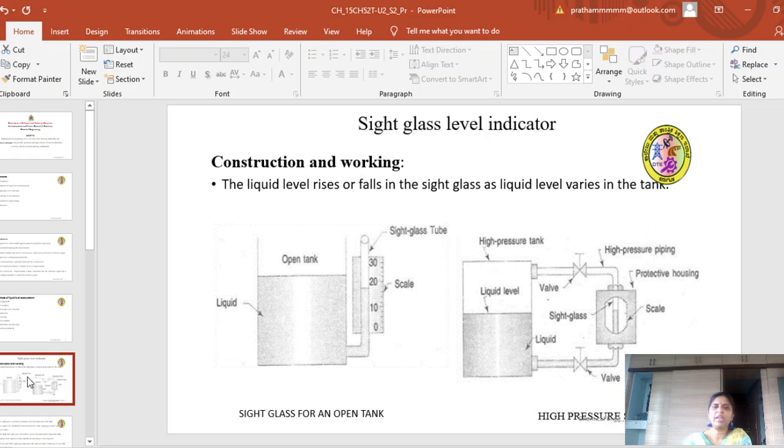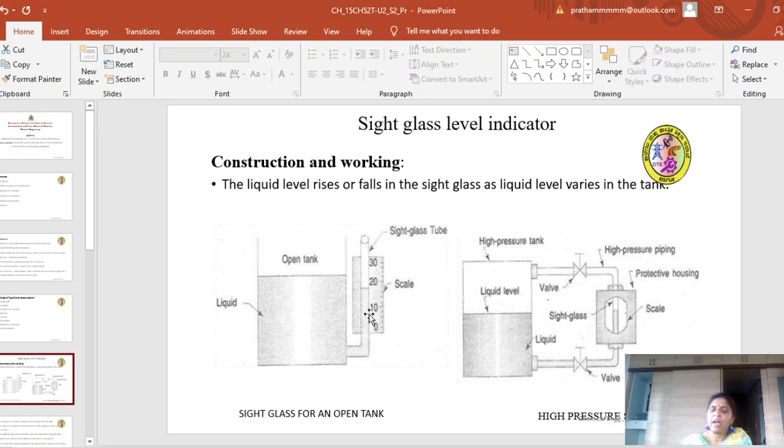In a side glass level indicator, the liquid level either rises or falls in a side glass tube, which has been connected to the tank by the side.